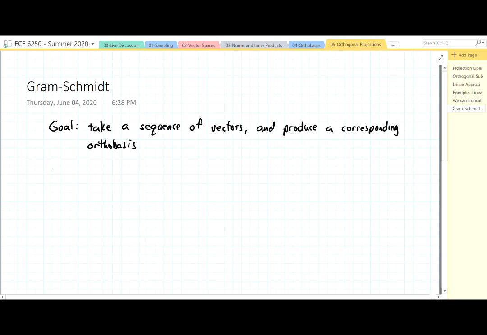So generally, assume that we're given some set v1 up to vn that is not an orthonormal set.